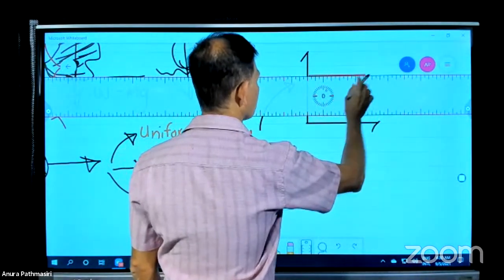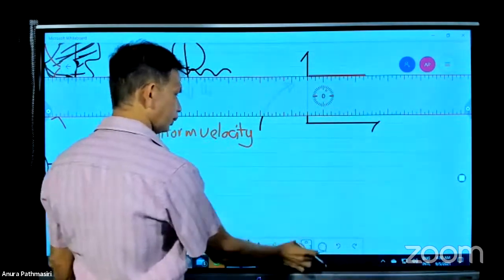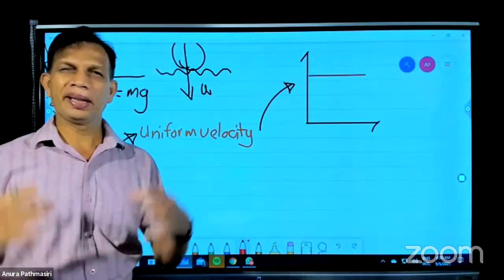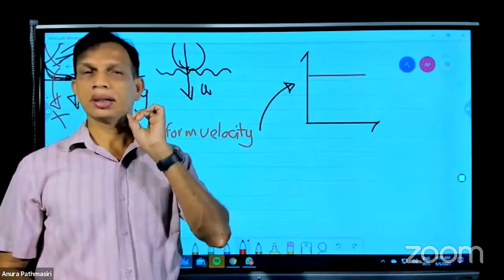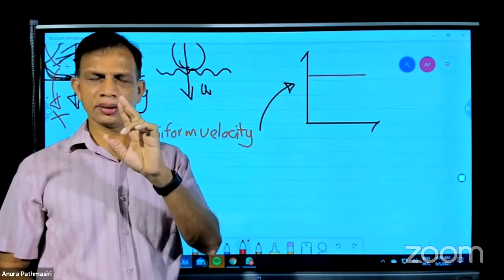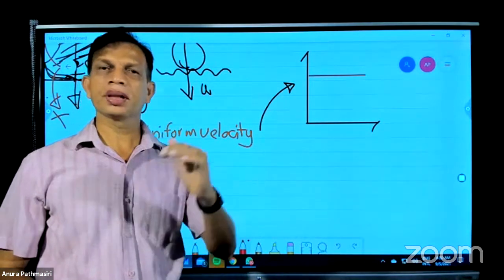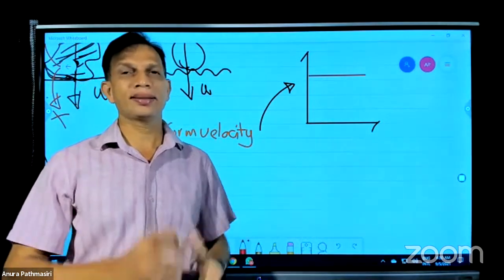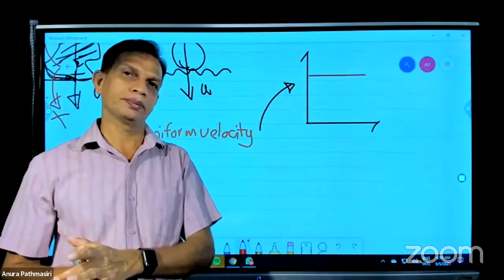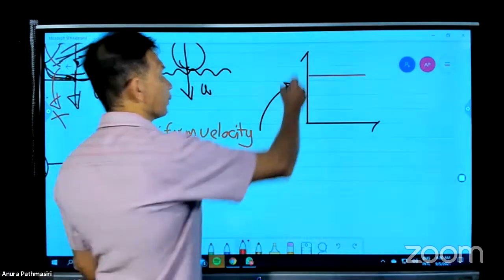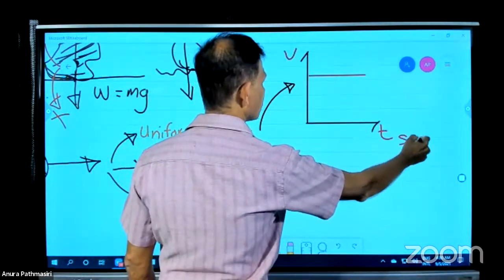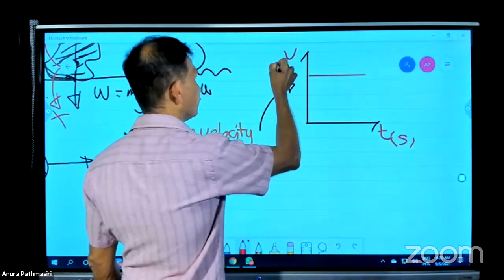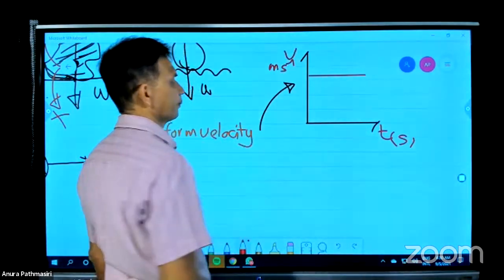Remember, I'm going to blend this unit with the second unit, that is motion of an object in a straight path and its relationship with the time. So this is velocity and this is time, considered in seconds, meters per second.